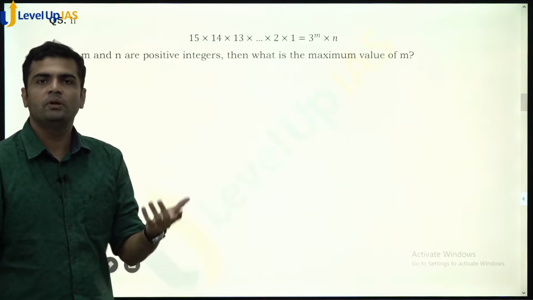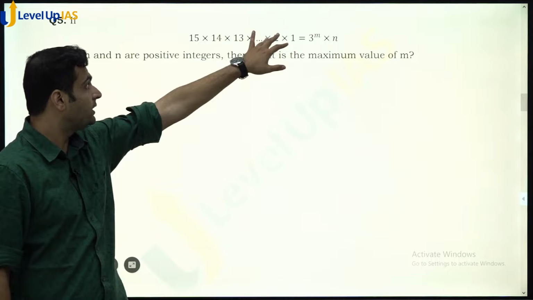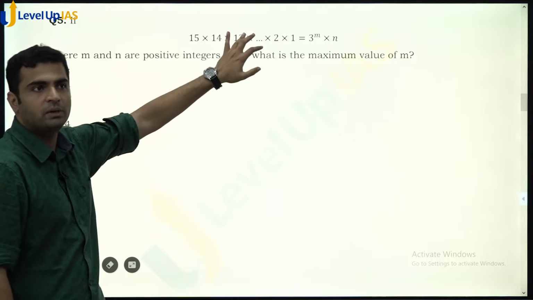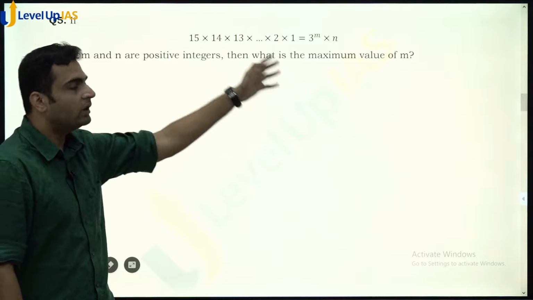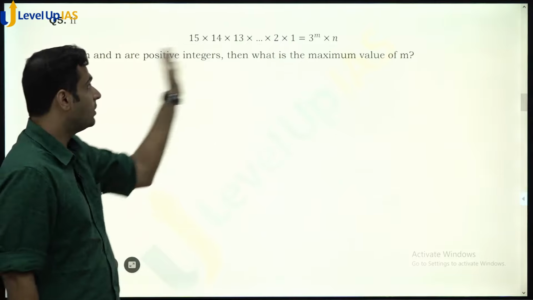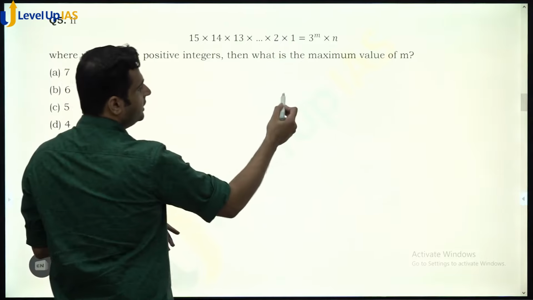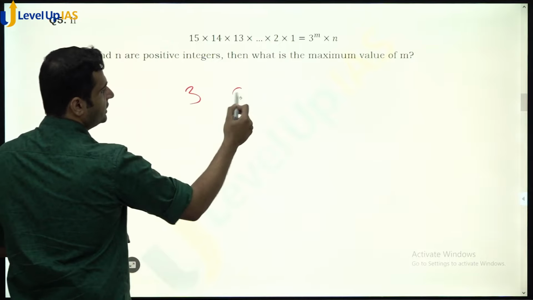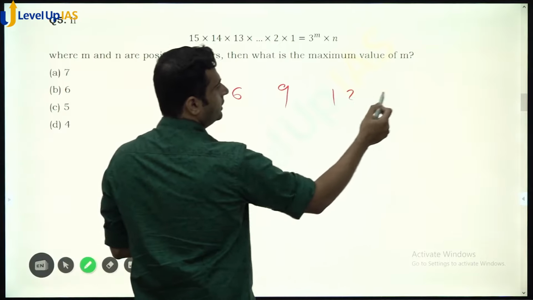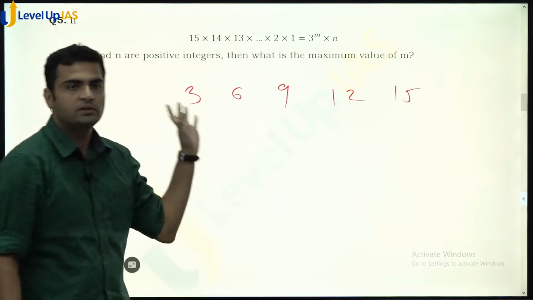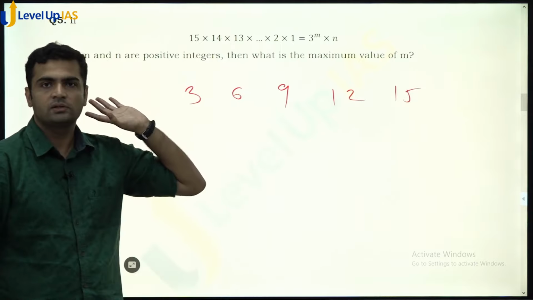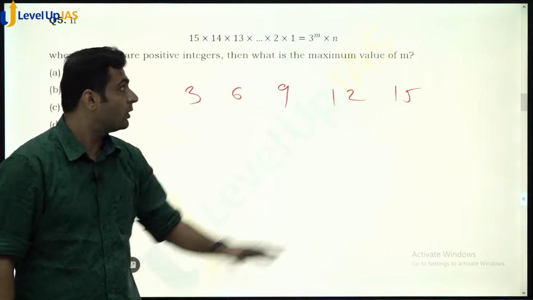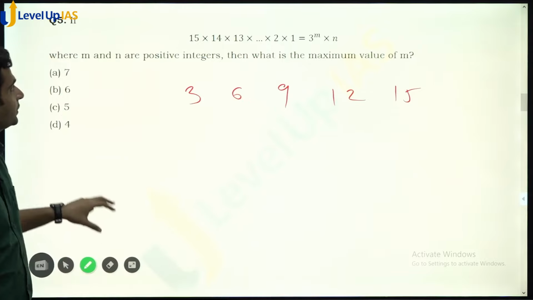Now when will 3 be appearing? It will be appearing as 3, it will be appearing as multiples of 3. What are the multiples of 3 in this long multiplication? Here is 3, okay. There is 3, there is 6, there is 9, there is 12, and there is 15. These numbers have 3. All other numbers do not contain any 3 or power of 3, right?